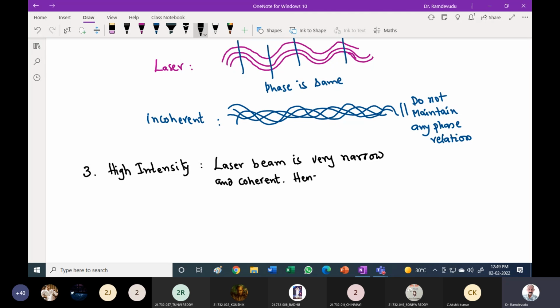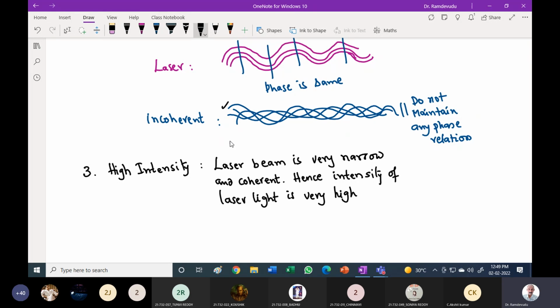Hence, the intensity here, if you see an incoherent beam, their crests and troughs are not falling together. Therefore, some of them will cancel each other. Therefore, net intensity is very less. So the beam is very narrow and coherent. Hence, the intensity of laser light is very high.